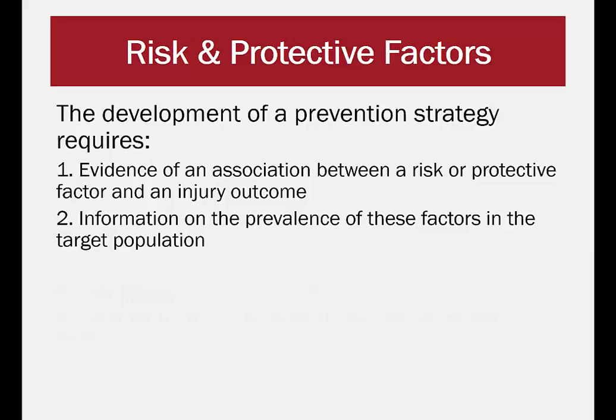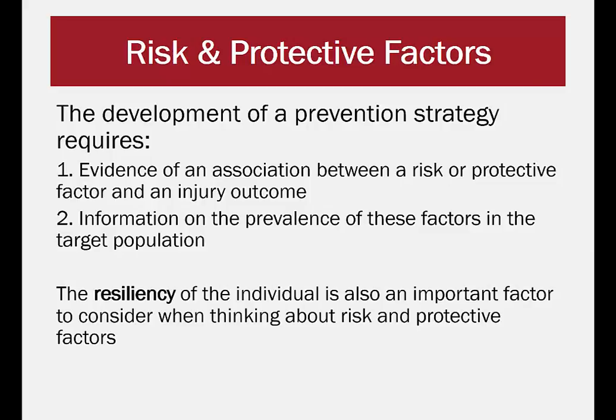The resilience of the individual is also an important factor to consider when thinking about risk and protective factors for individuals. Some families and communities seem to demonstrate a resiliency to injury, regardless of the existence of factors that increase their risk for injury. For example, an individual or community that reports low socioeconomic status may not be at a higher risk for injury.